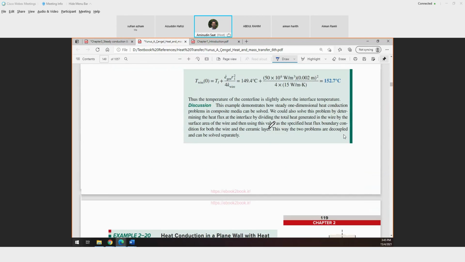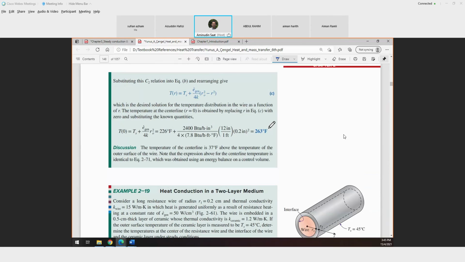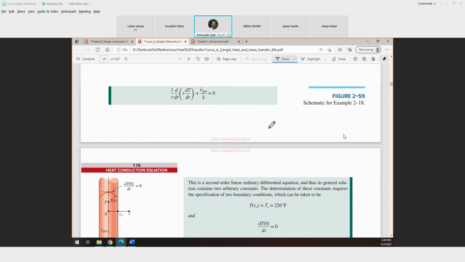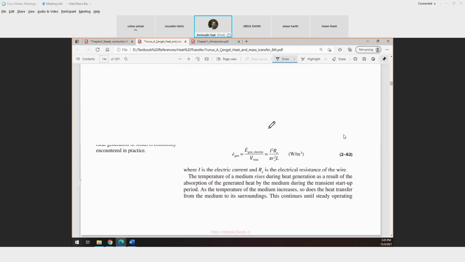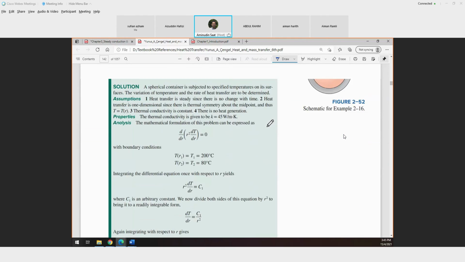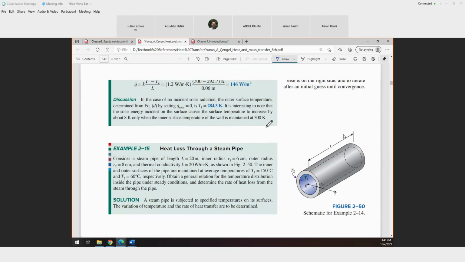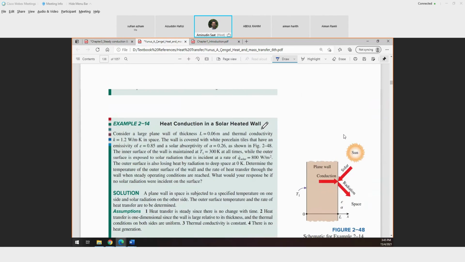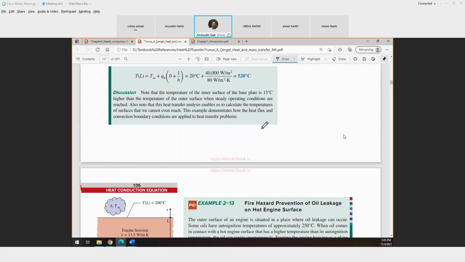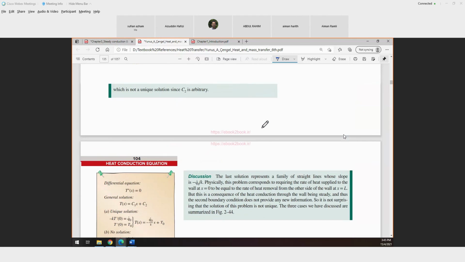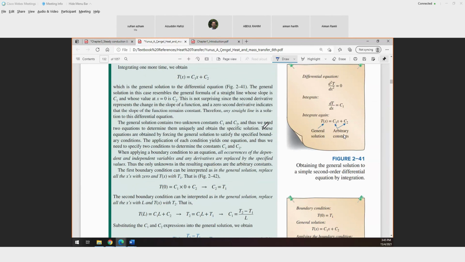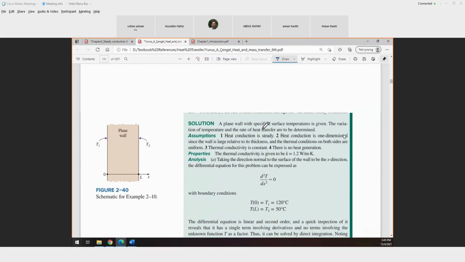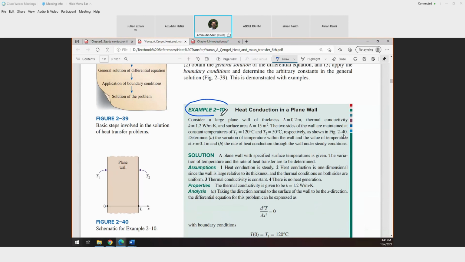Previously, we discussed the plane wall. Where is it? Yes, this one. Okay, 210.